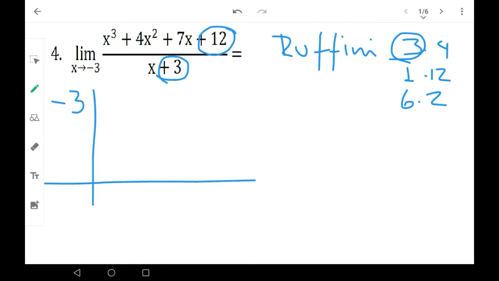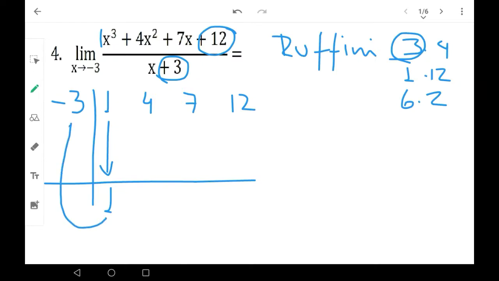Okay, so what is the next step? It is to copy all the coefficients of the polynomial. So I have a 1, then a 4, then a 7, and then a 12. I copy the first number down, and then I have to start multiplying.